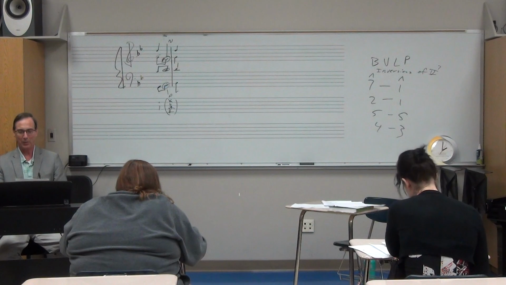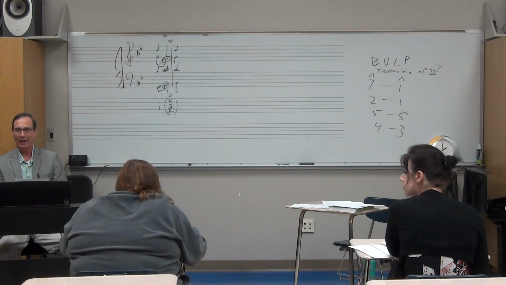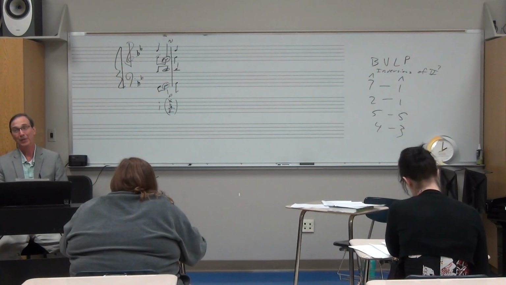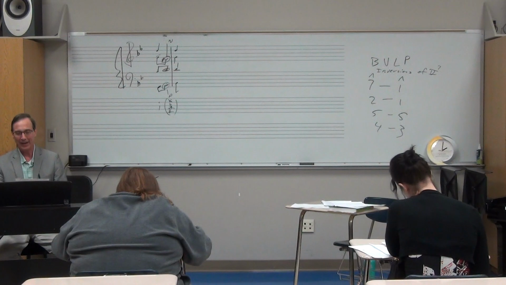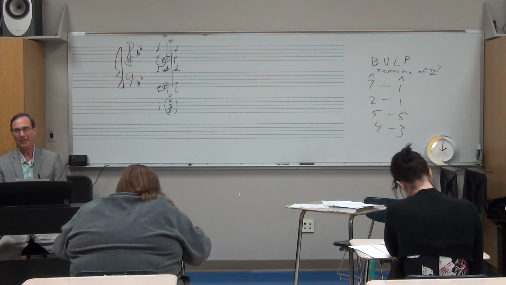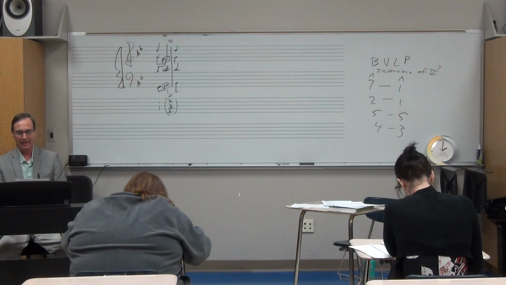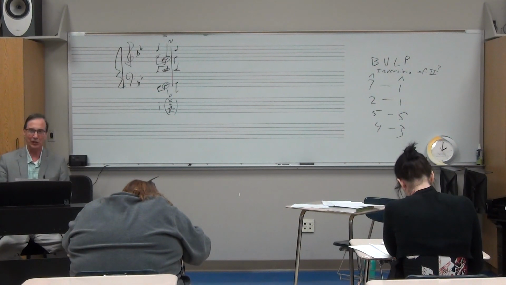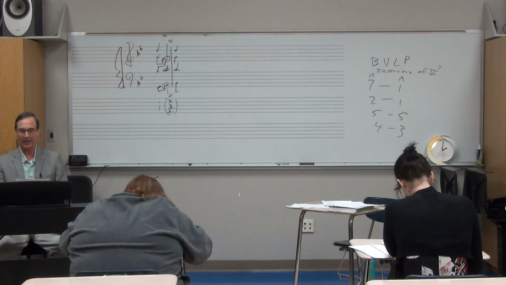But we need more words. Is it perfect authentic cadence or imperfect? One of those. Look at the soprano. What does it do? Does it end on the tonic? Yeah. So it's imperfect. It's a root position imperfect authentic cadence as opposed to an inverted imperfect authentic cadence.